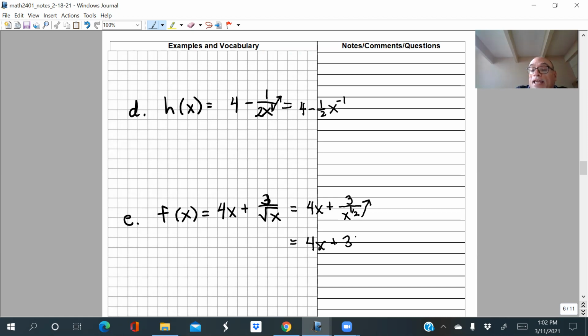The 3 is going to stay, but now this becomes 3 times x to the -1/2 power. So pull x to the 1/2 power up. It's going to now go with the 3, but it becomes x to the -1/2. Now you can find the derivative function using our basic differentiation rules that we've been talking about.